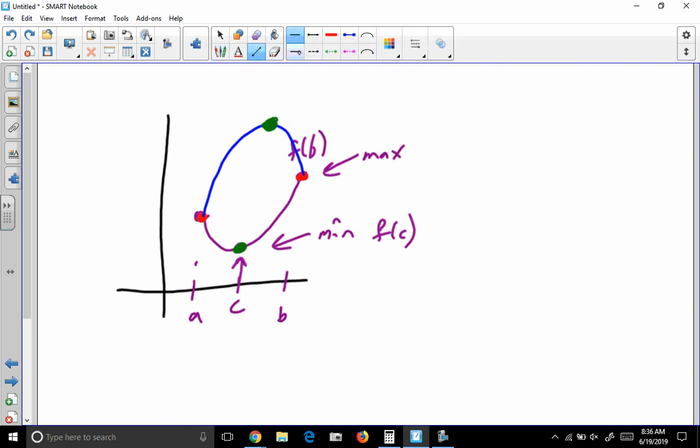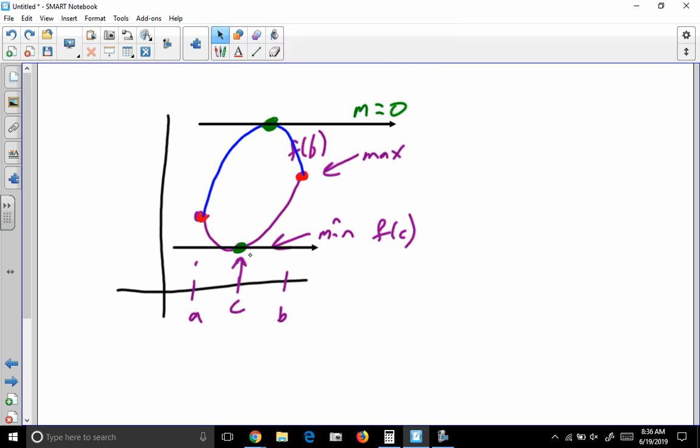And if we look at what our tangent line would be doing, if you think about being on top of a mountain, it's where if you went from one side, you were going up, and then on the other side, you would be going down. So if you're sitting at that peak, and you would be increasing on this side, decreasing on the other side, then you would have a slope of 0 at that peak. Same thing down here. If this is the minimum value, then our slope would be 0 there.